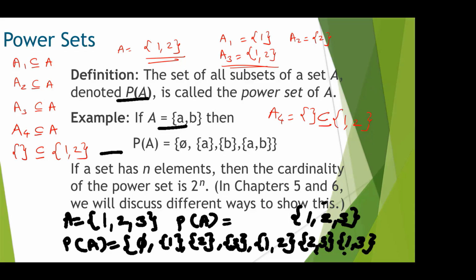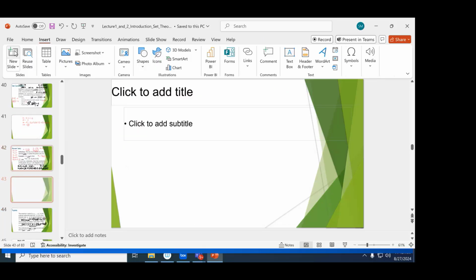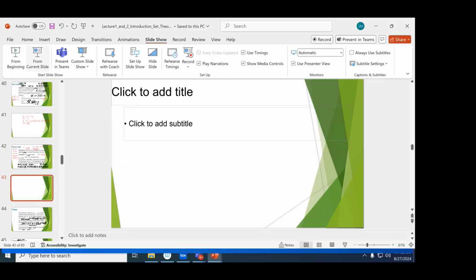So if we have to find the power set for any given set, we are going to take different combinations of the members of the set, and we are going to find subsets of that set. Let's assume that we have a set A having just one element. Then what will be the power set of A?